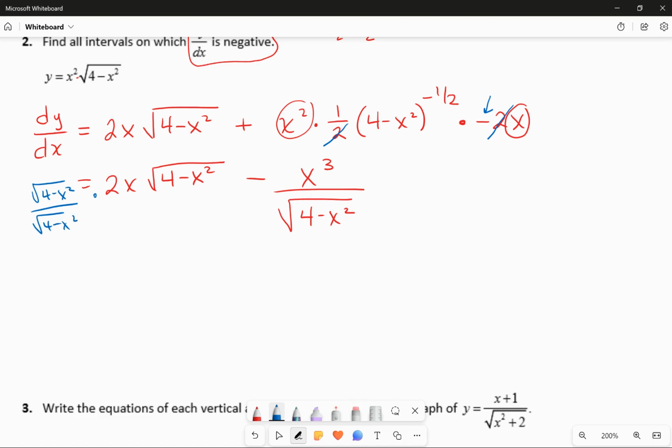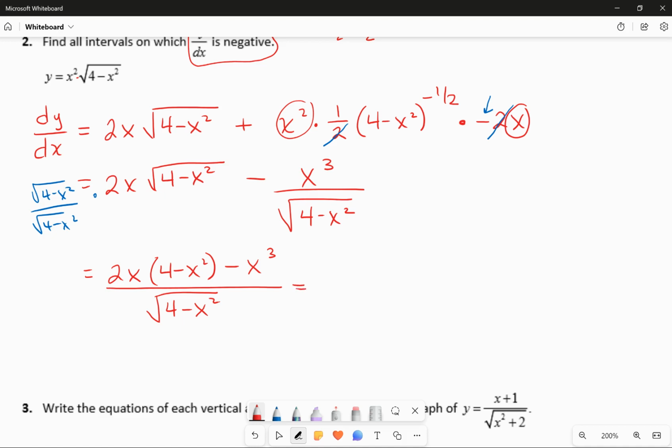What's going to happen is you're going to get 2x, and then that square root times the square root is just going to eliminate the square root and give you a factor of 4 minus x squared. The other expression already has the common denominator, so you're just going to subtract x cubed. And then our denominator would be the square root of 4 minus x squared.